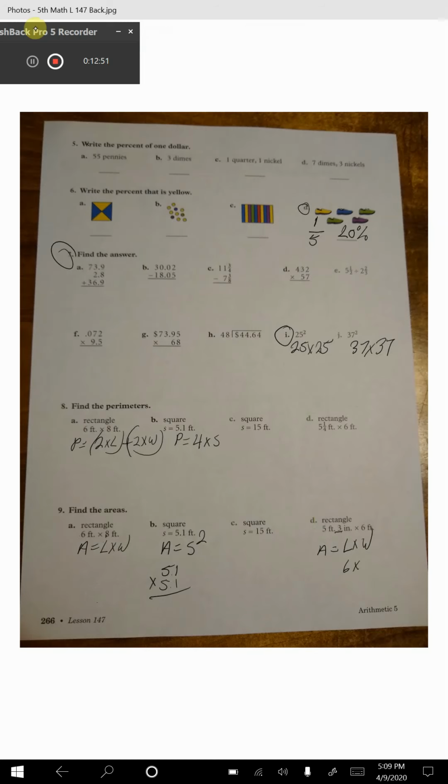I would change that to a fraction. It's 3 over 12, right? 12 inches in a foot. And then reduce that to 1/4. Now change that to an improper fraction, which would be 21 over 4. And then start multiplying.